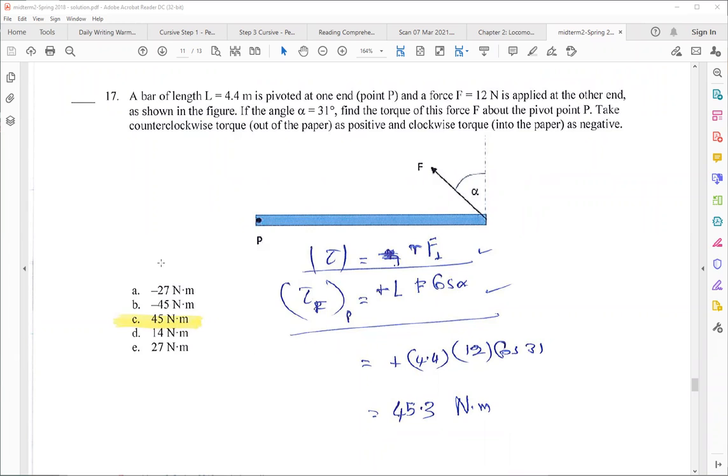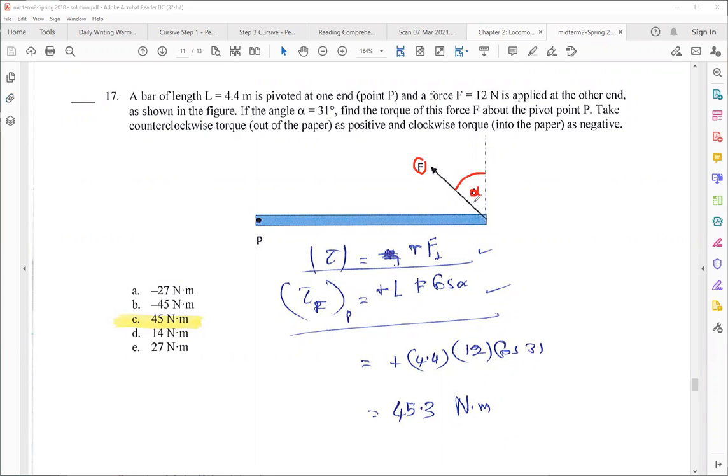Now here we're looking for the following. If you look at this bar, we're applying this force, and this force is making an angle alpha relative to the vertical.